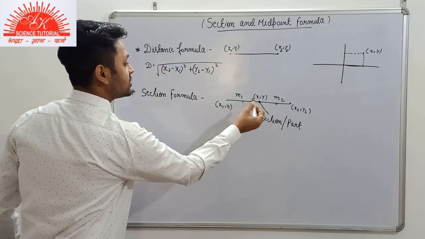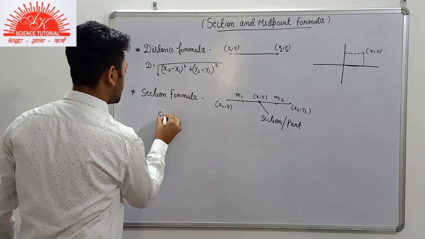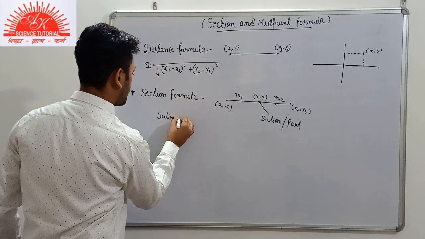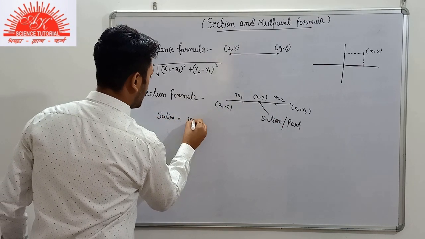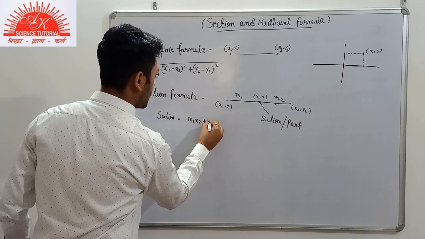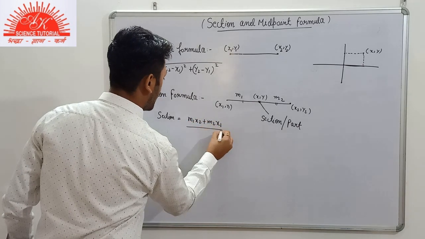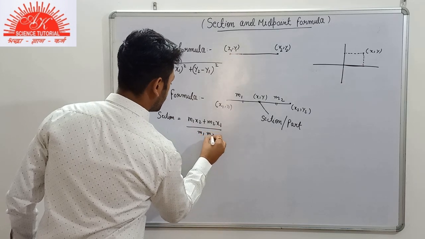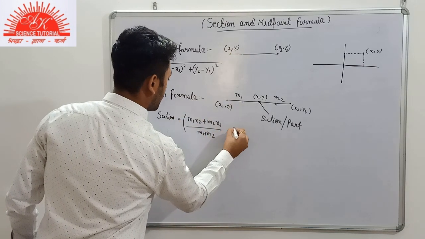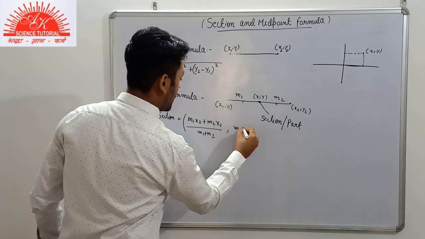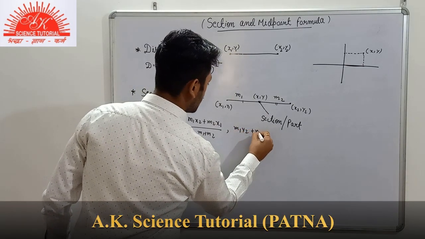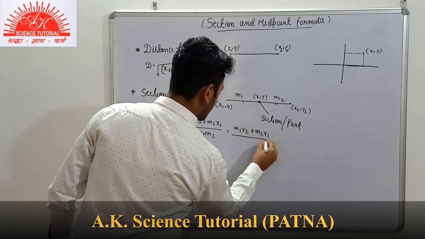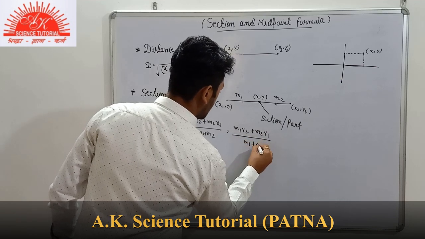Now on the basis of this, the section formula is (m1 x2 plus m2 x1) by (m1 plus m2). And for the second part, (m1 y2 plus m2 y1) by (m1 plus m2).